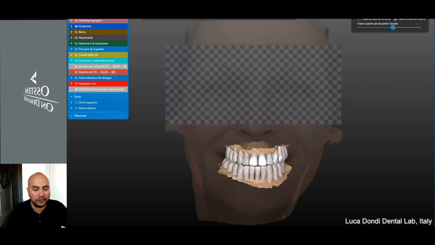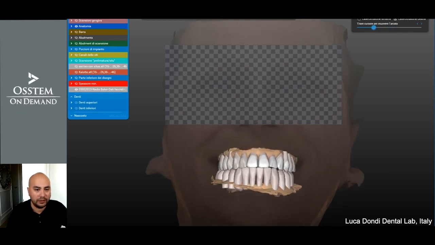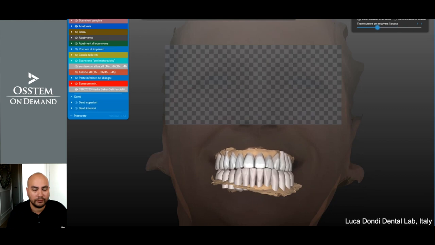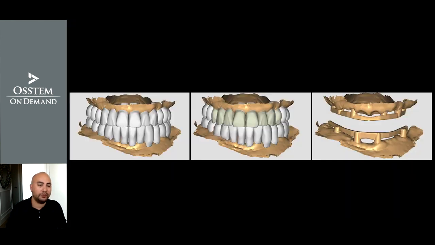And also lateral movements of the definitive prosthesis. And then the next step is to design the metal framework, and then also design the multi-layer upper restoration.